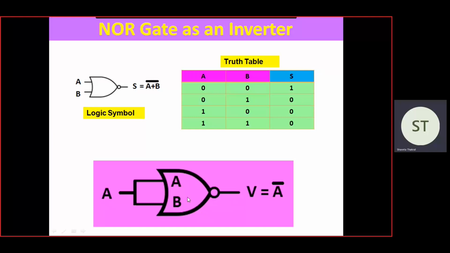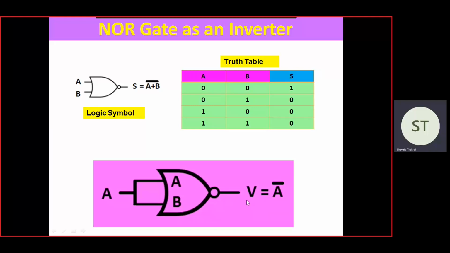So how to see the output of this NOR gate acting as inverter? What is the output of this NOR gate? The output we are taking as V, and V can be written as (A plus A) to the whole complement, because the general expression is (A plus B) to the whole complement, and B is also A here because both are driven by common signal.